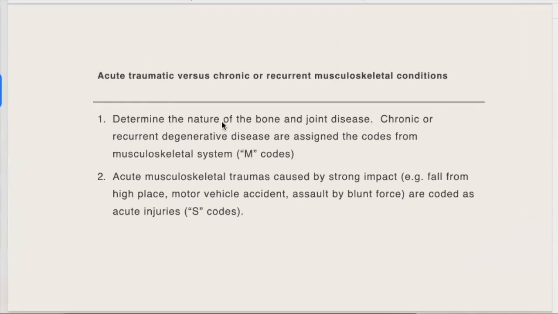Number one, determine the nature of the bone and joint disease, whether it's chronic or recurrent. Chronic or recurrent degenerative diseases are assigned codes from the musculoskeletal system.